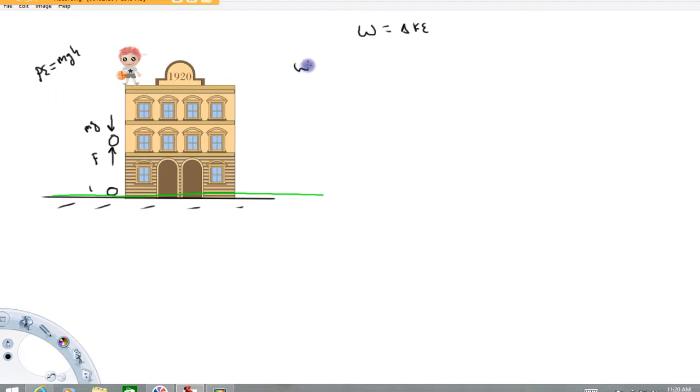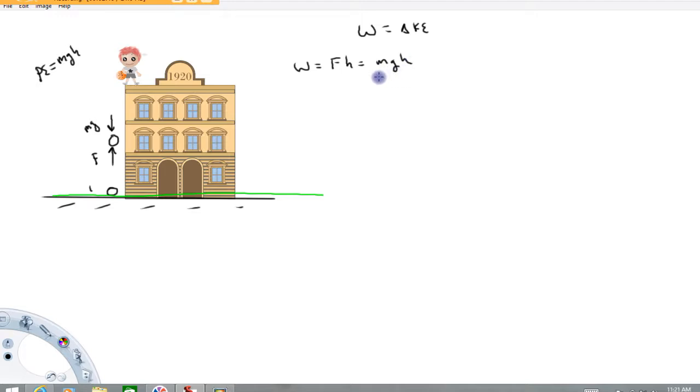The work done by the force applied to the ball is going to equal this force times the distance that I'm going to call h, and that's some positive value. Now, if the ball is moving at a constant velocity, then these two forces are equal. So the work done on the ball would equal the term mgh.